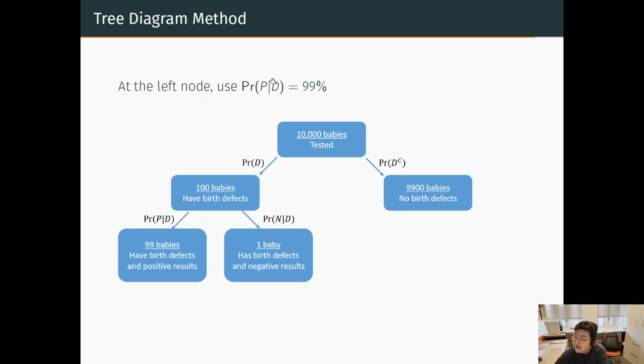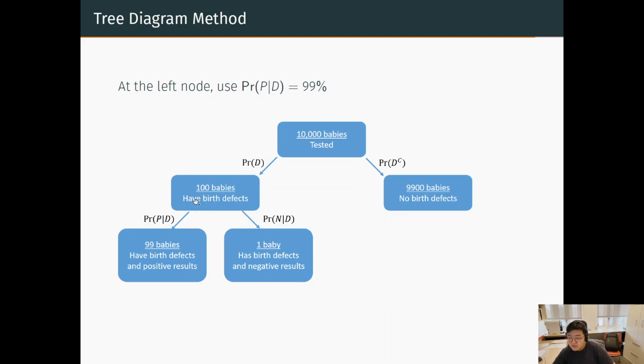If you have defect, positive result will be 99%. So that is 99 babies. Okay? But one of them, the other 1%, will get false negative. Even if you have defect, 1 out of 100 can get a negative result, which is an error, right? So 1 will go to the other pile, right?